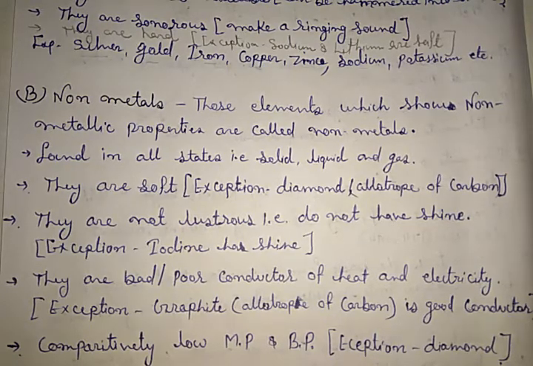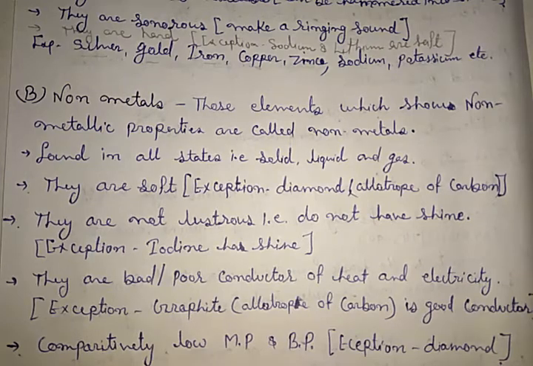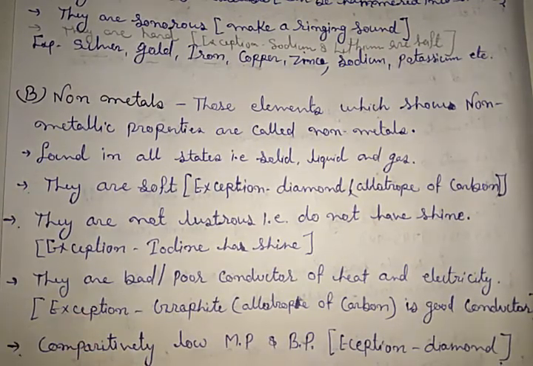Non-metallic properties mean these are just opposite to the metals. Metals have metallic properties, and opposite to that are non-metallic properties. Let me discuss them one by one.